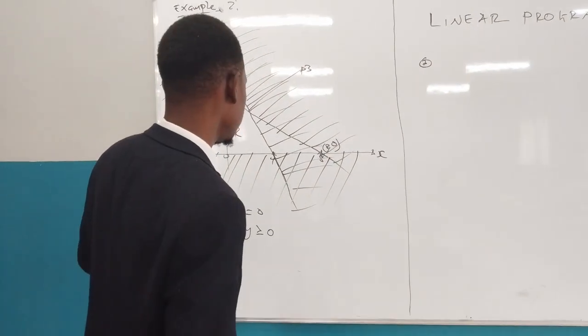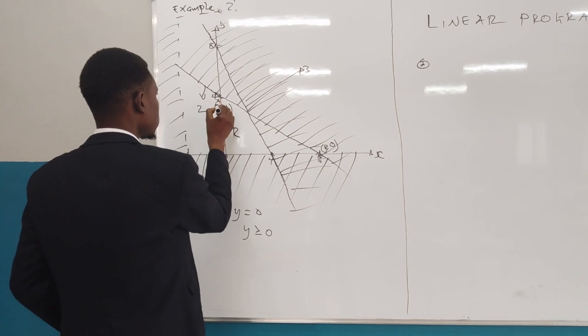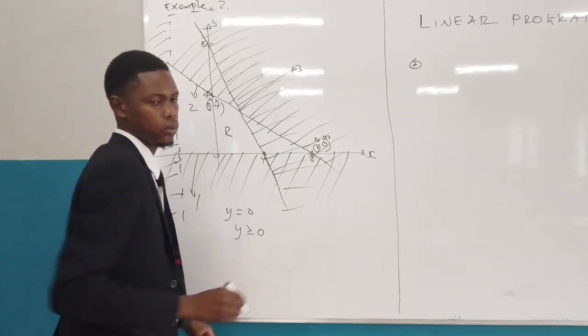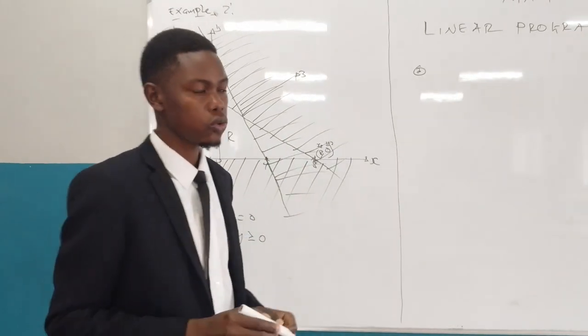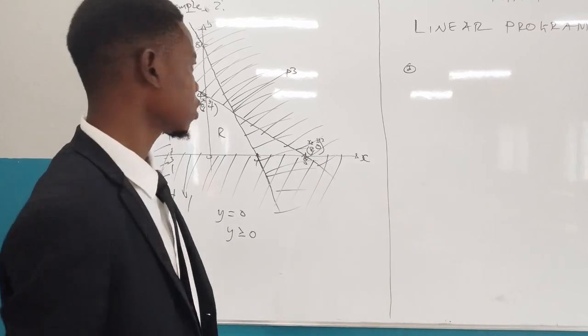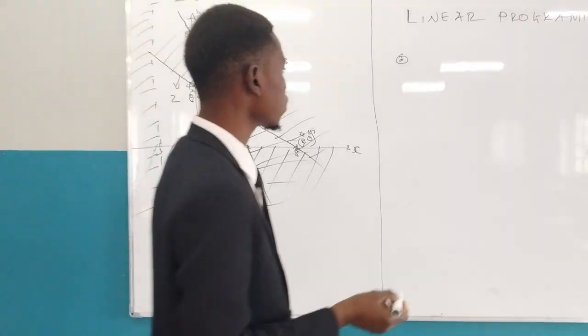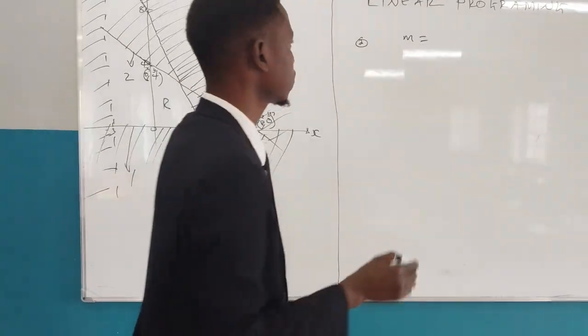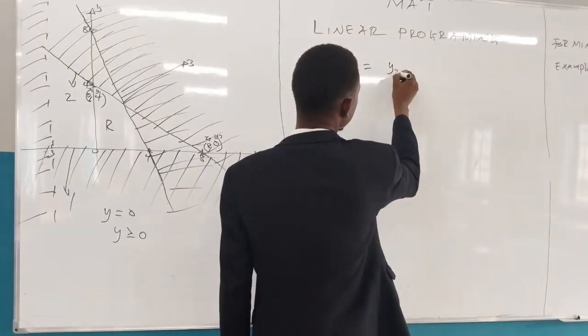And we can label them: this is x1, y1, x2, y2. So we are going to do the same thing we did with the previous question. We're going to find the gradient, which is not news to you by now.